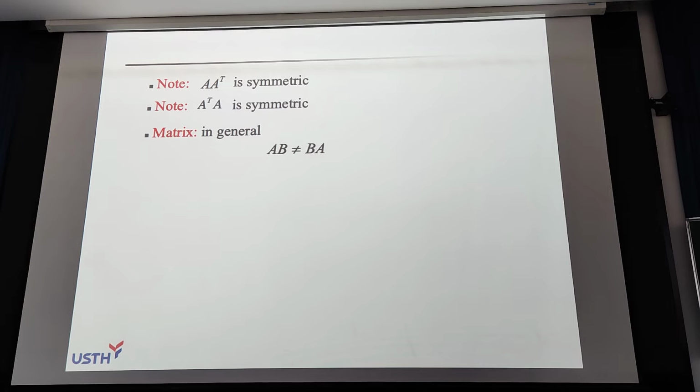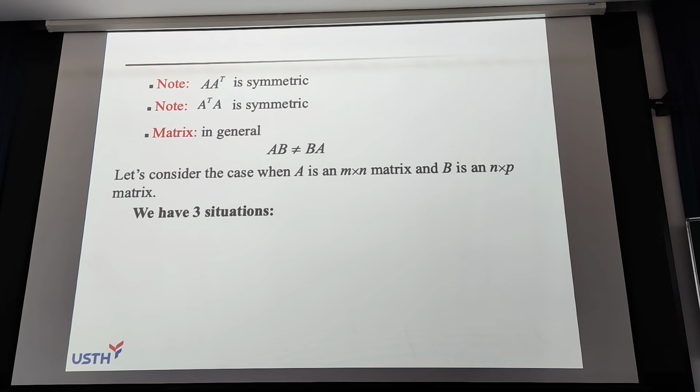Now, in matrix multiplication, in general, we don't have AB equal BA. We have three possibilities for that. In order to consider that, first A is an M by N matrix and B is an N by P matrix. Then we have the three following possibilities.